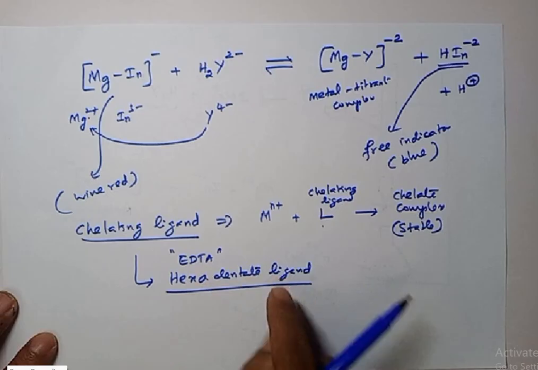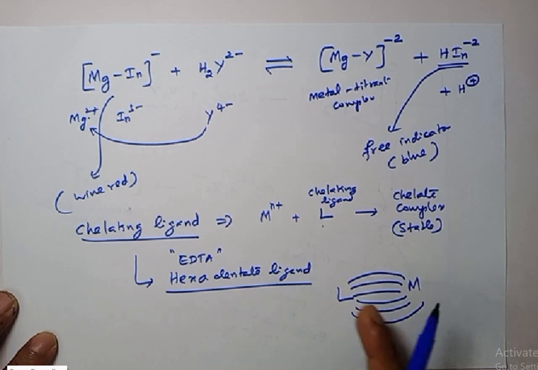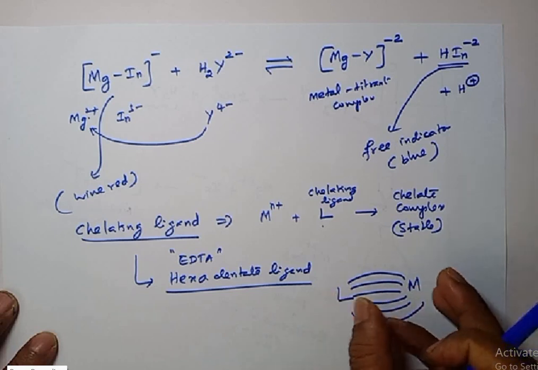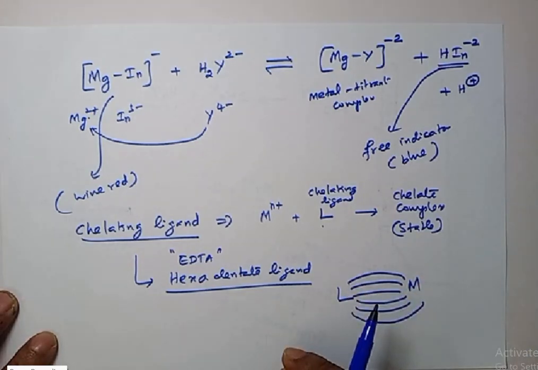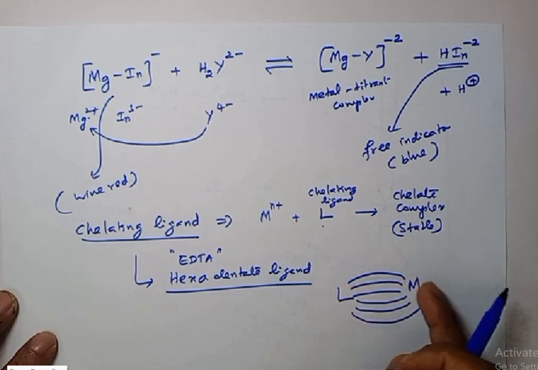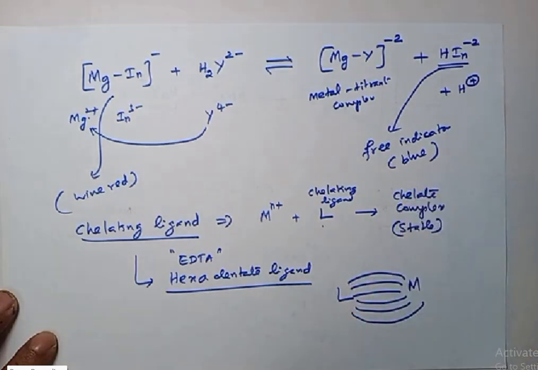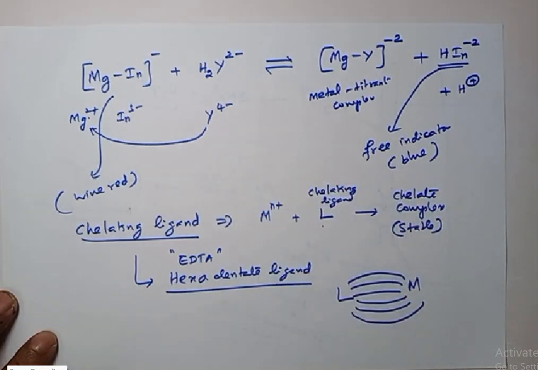Hexadentate means a single ligand forms 6 bonds with the metal: 1, 2, 3, 4, 5, 6. A single ligand forms 6 bonds with the metal and it looks like a ring structure. We call this type of ring structure, which is formed by the ligand and metal, a chelate complex, and the ligands which form chelate complexes are called chelating ligands.